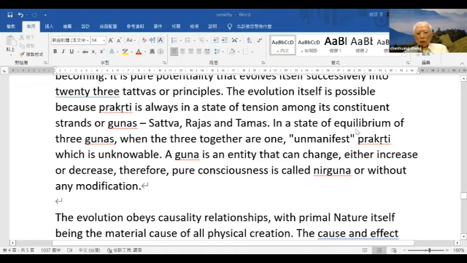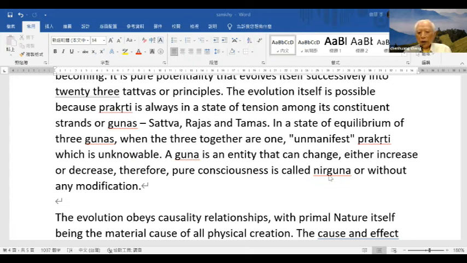In a state of equilibrium, these three gunas together are one, and Prakriti is unmanifest, which is unknowable. We cannot know where Prakriti is. A guna is an entity that can change, either increase or decrease. Therefore, pure consciousness is called nirguna, or without any modification. Pure consciousness refers to the Purusha.